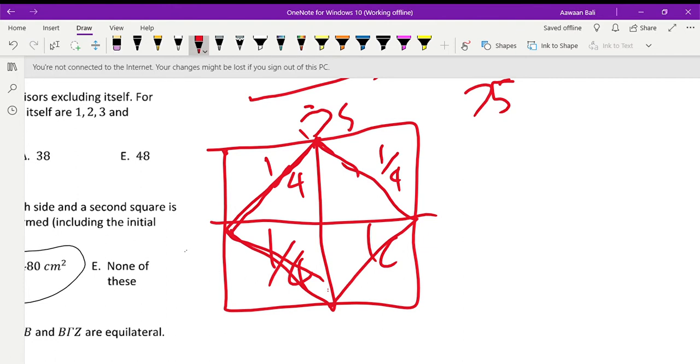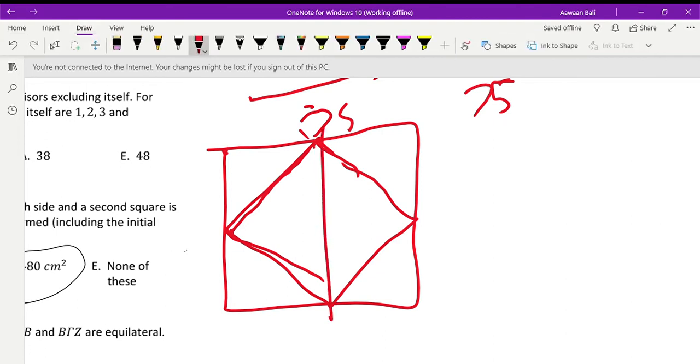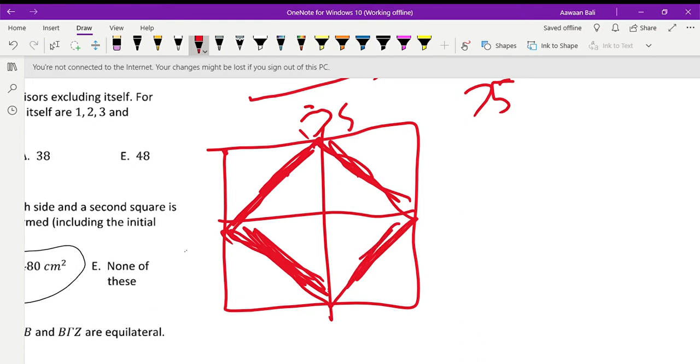Half of the fourth is an eighth. This is an eighth, this is an eighth, this is an eighth, this is an eighth, this is also an eighth, and so on for all eight.